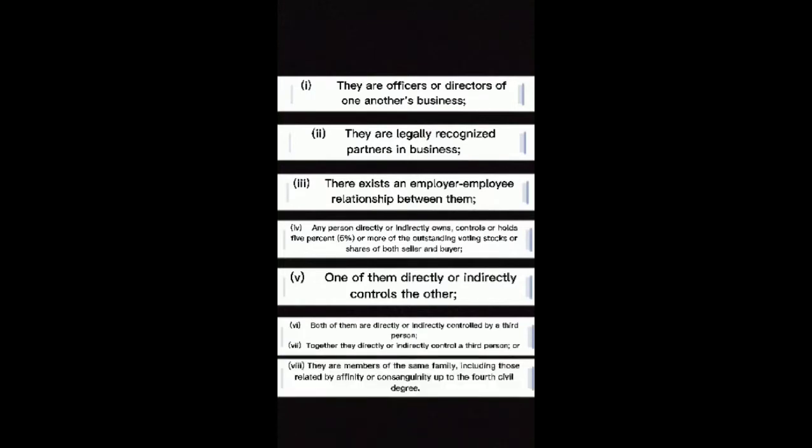Persons shall be deemed related only if they are officers or directors of one another's business, they are legally recognized partners in business, there exists an employer-employee relationship between them, any person directly or indirectly owns, controls, or holds 5% or more of the outstanding voting stocks or shares of both seller and buyer, one of them directly or indirectly controls the other, both of them are directly or indirectly controlled by a third person, together they directly or indirectly control a third person, or they are members of the same family, including those related by affinity or consanguinity up to the fourth civil degree.